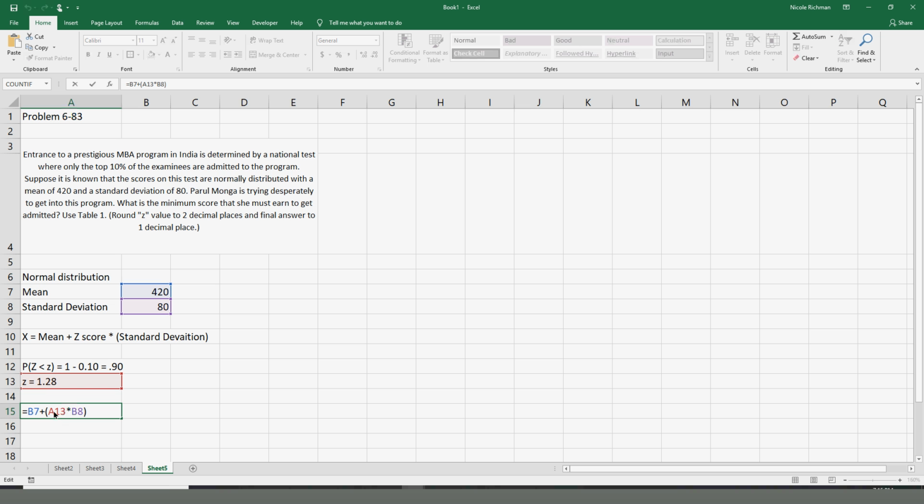Why? Oh, because the z isn't actually a number. Wow. 1.28. So we know that she needs to get a score of 522.4 in order to be admitted.